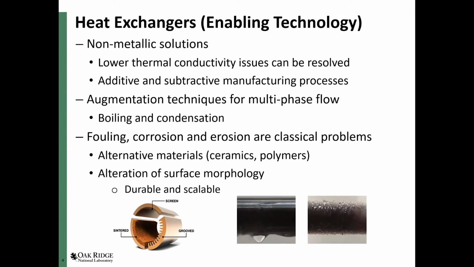They're not those small scale surfaces which can be produced in a clean room and cannot be realized in the actual application. And of course, surface morphology, as I noted earlier, can lead to higher hydrophobicity or hydrophilicity, and based on the application, we can get higher heat transfer coefficients, which can lead to improved performance. Again, the requirement is that the processes should be scalable and they should be durable.